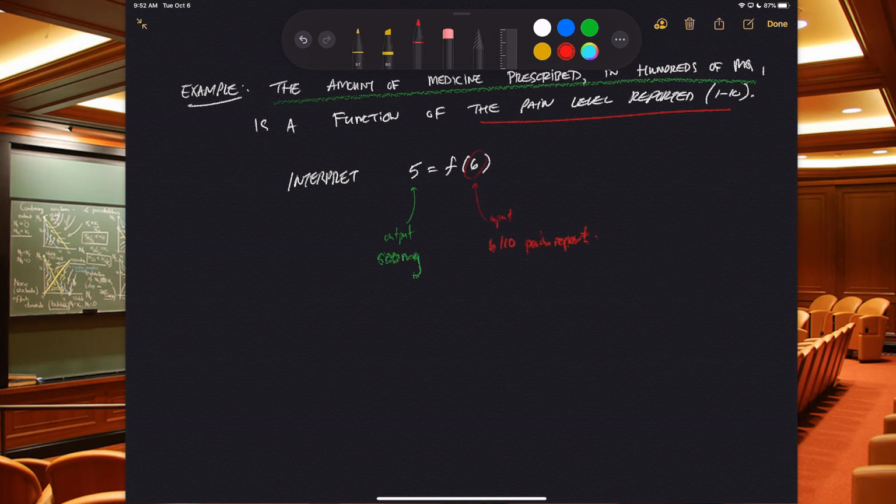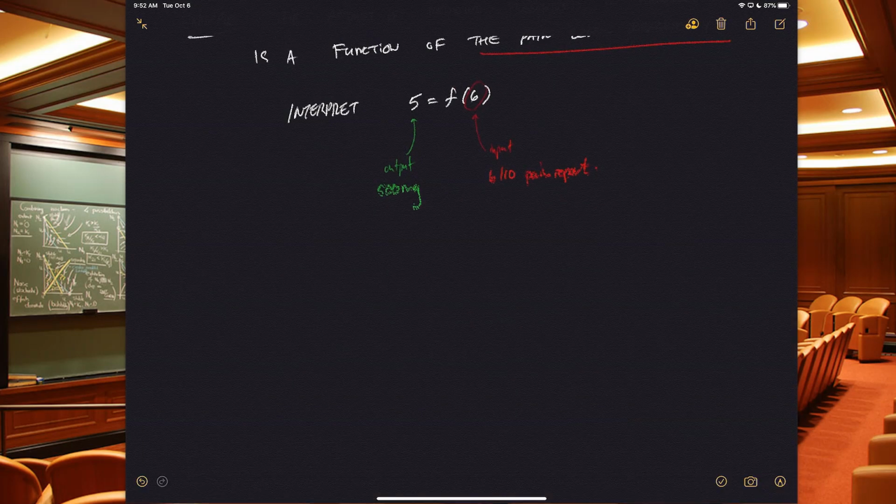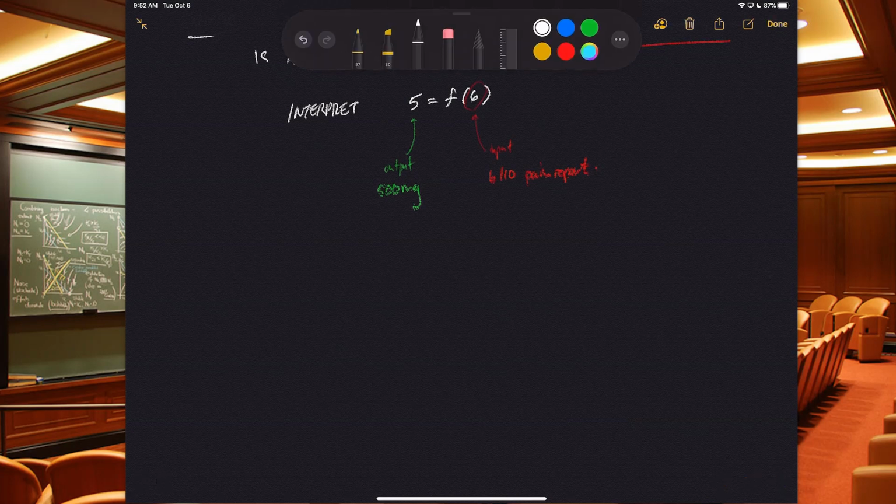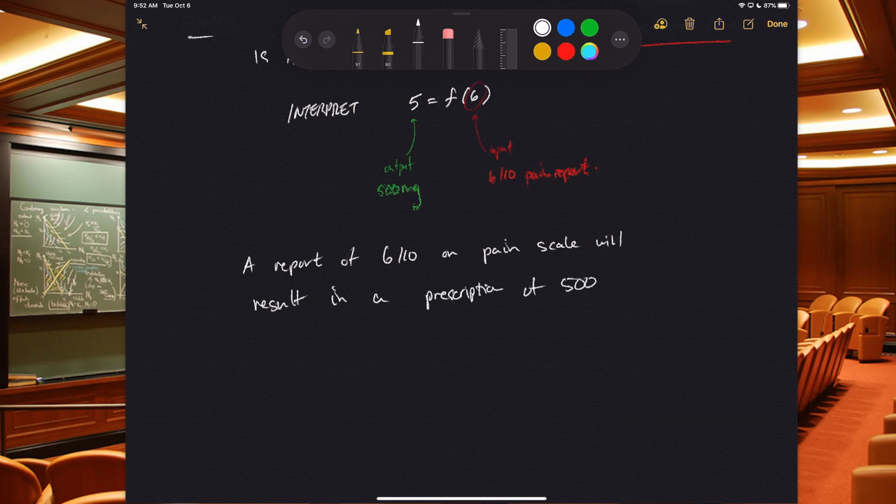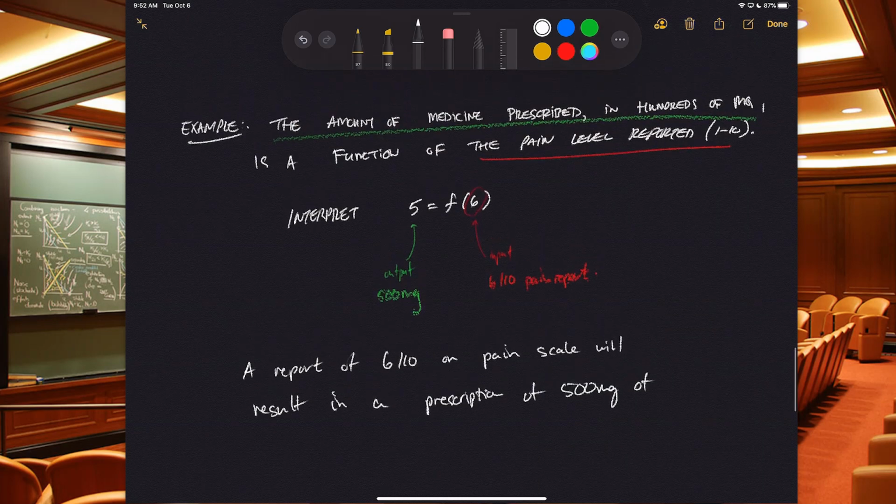So now that we have these quantities identified, it's time to construct a sentence on what this means. Okay, and so what we say is that a report of 6 out of 10 on the pain scale will result in a prescription of 500 milligrams of the medicine.